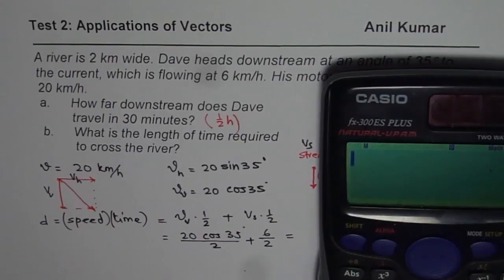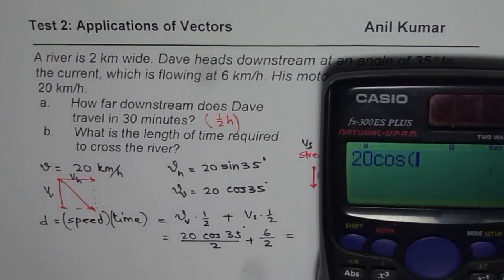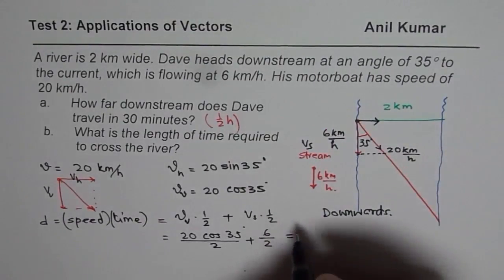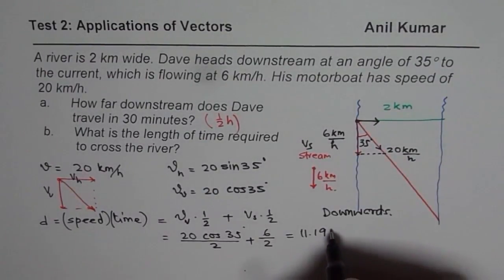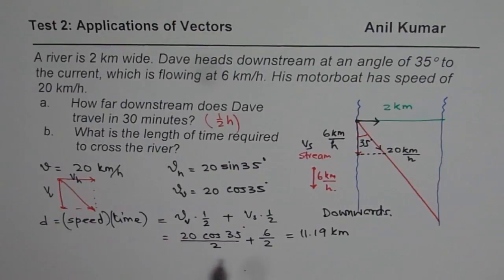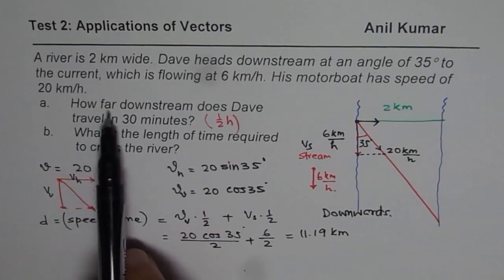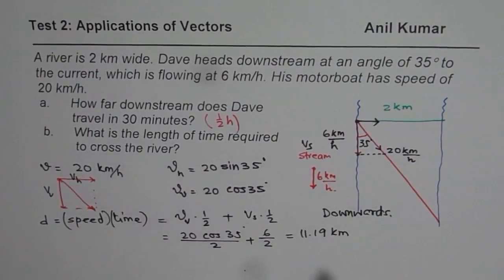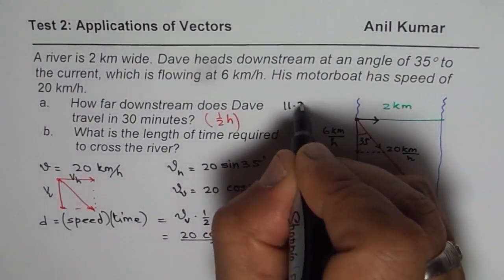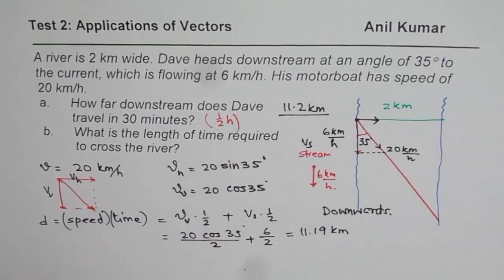We'll do 20 cos of 35 degrees, divide by 2, plus 6 divided by 2 is 3. So we'll just add 3. 11.19 is what we get, and the units will be kilometers. So that is how very easily you can find how far downstream Dave travels in 30 minutes. So we can say 11.2 kilometers approximately. So that is the first answer.